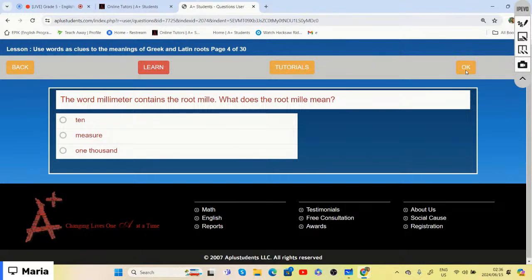So the word millimeter contains the root milli, right? Then what does the root milli mean? If the word millimeter contains the root milli, then what does milli mean?